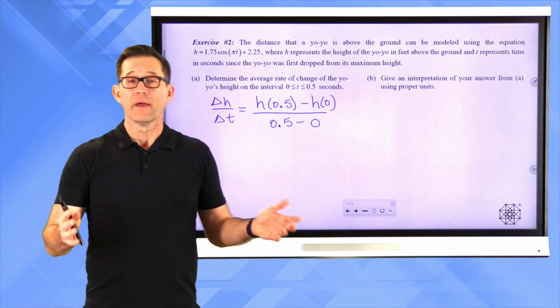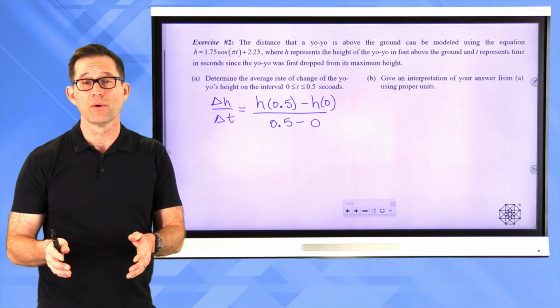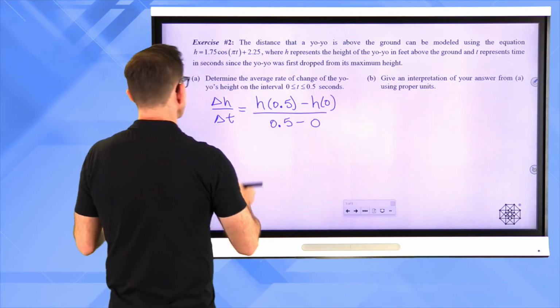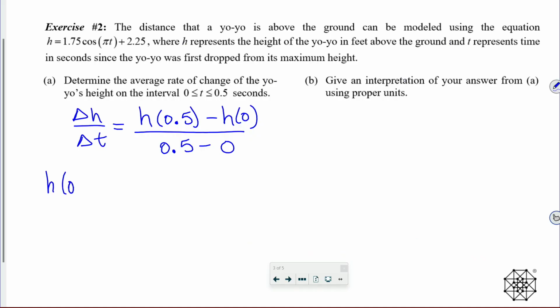All right, well, it's really important to figure out what h of 0 is and h of 0.5. We need that. So h of 0 is 1.75 times the cosine of pi times 0 plus 2.25.